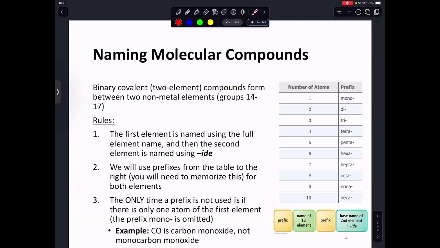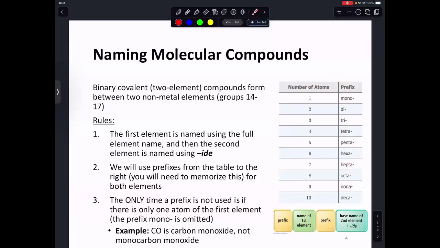Now, another thing we're going to utilize is this table right here, which is the prefixes. And by the way, you are also required to memorize these prefixes because we are going to use them in the naming of the molecular compounds.